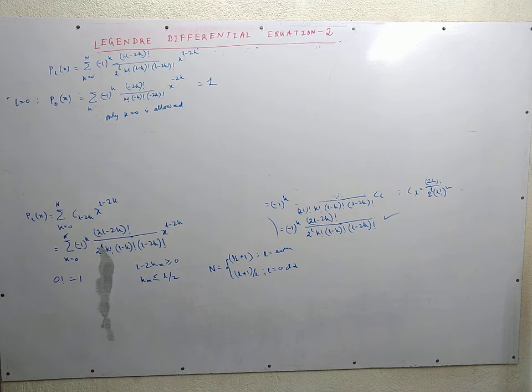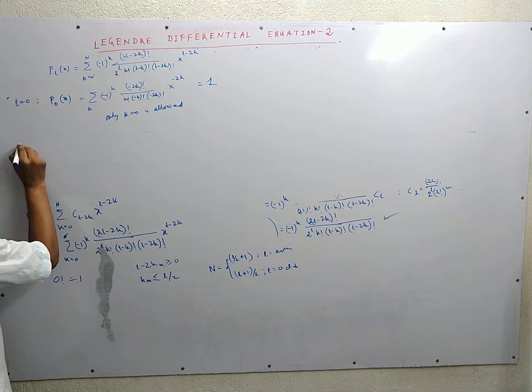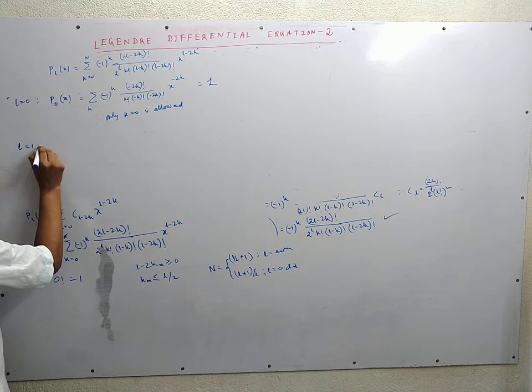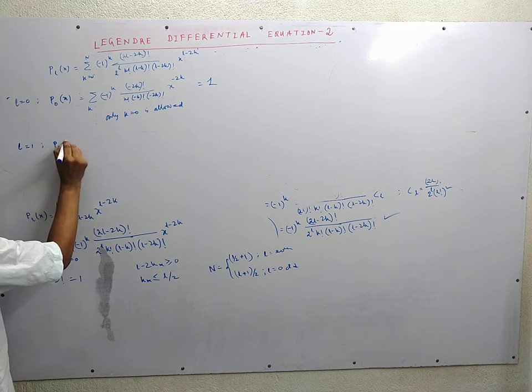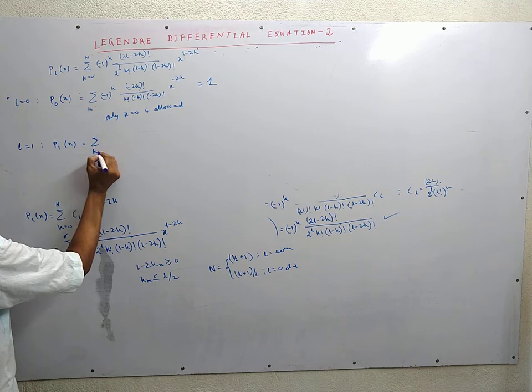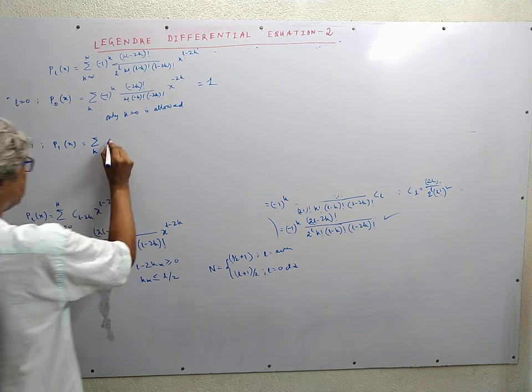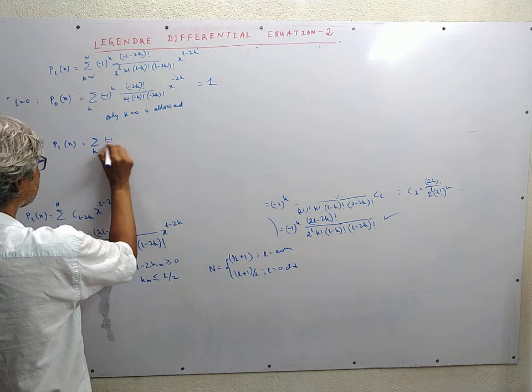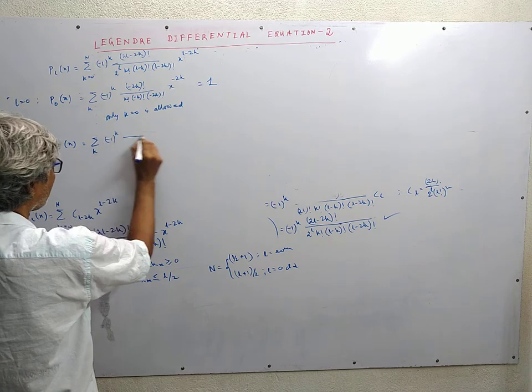Check it. For L equal to 1, we have P1 of x. Let me write this expression: summation over k, (-1) to the power k.